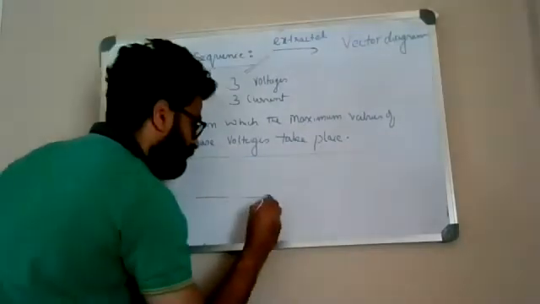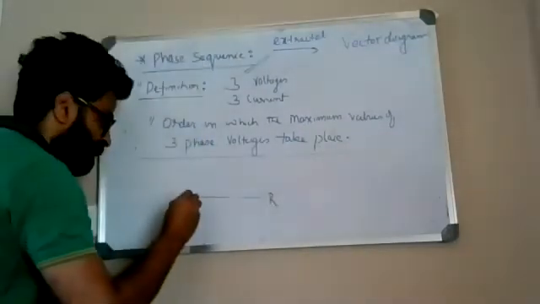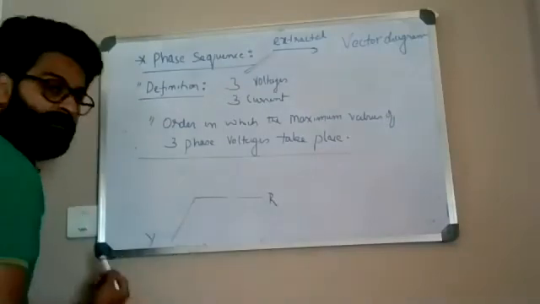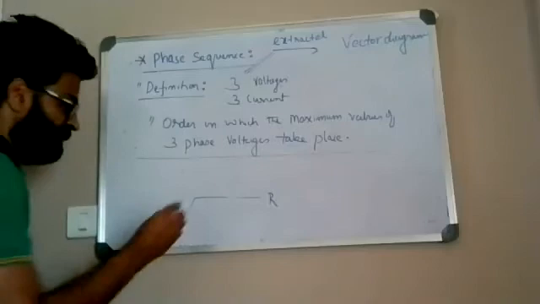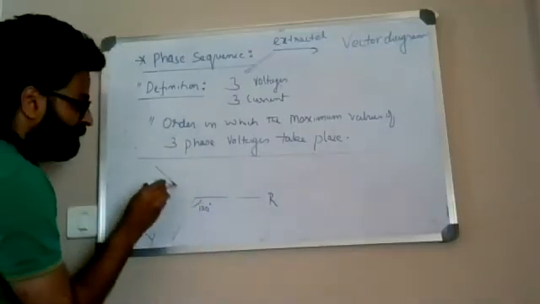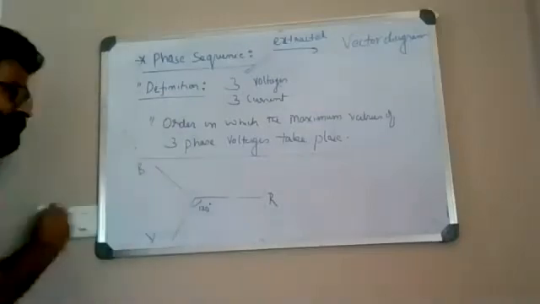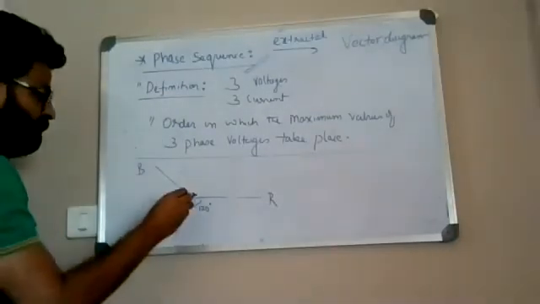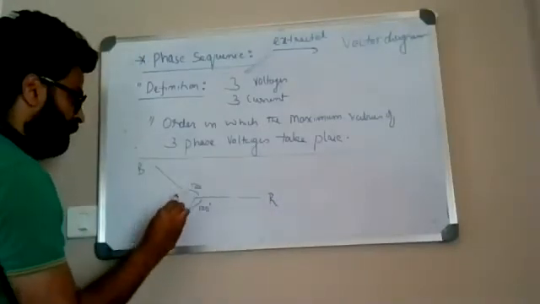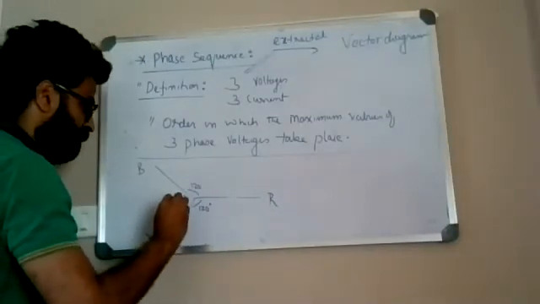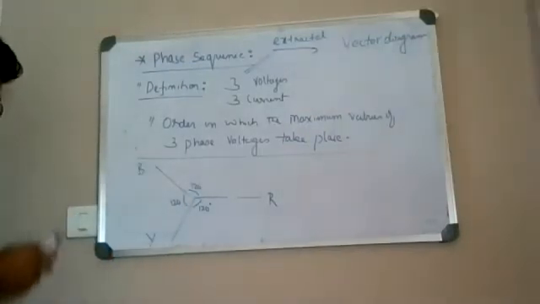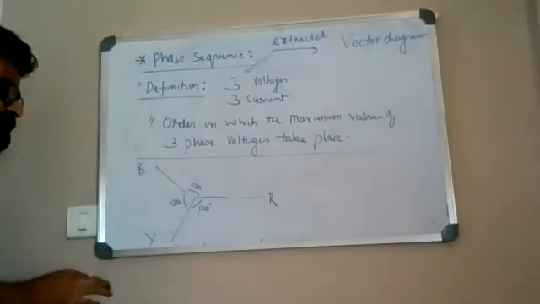So say this is your r-axis. Say this is your y-axis. So that the angle separation between r-axis and y-axis is 120 degrees. And let's say this is your b-axis. All right, imaginary axis. So again, angle separation between r and b is 120, and y and b is also 120. All right. Now let us draw the vector diagram.